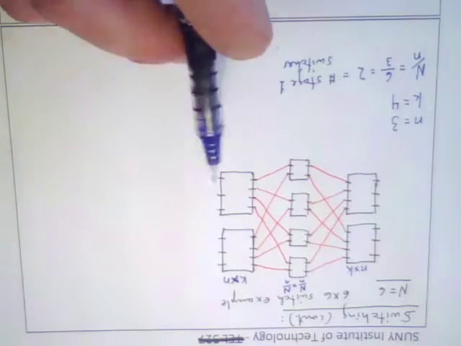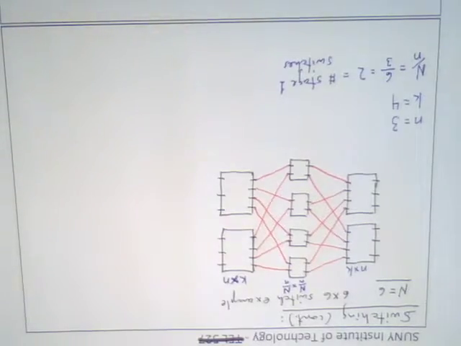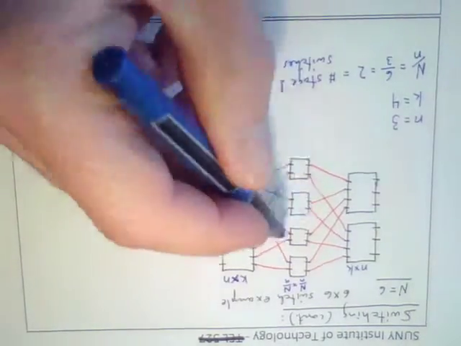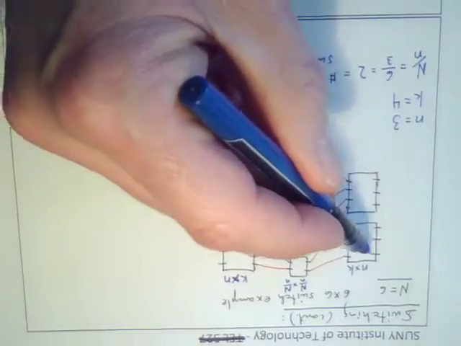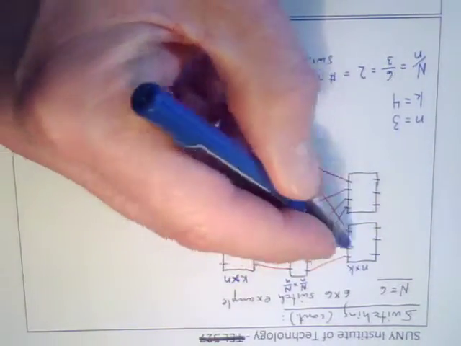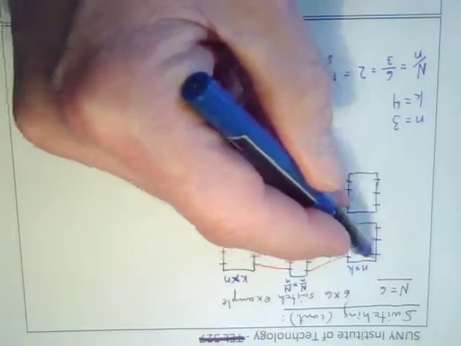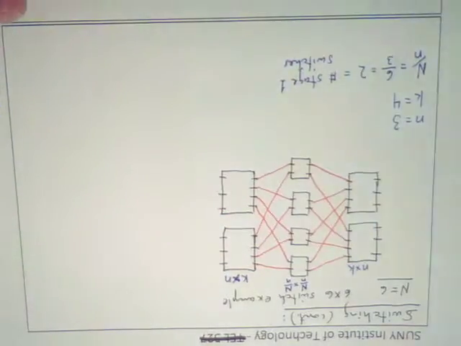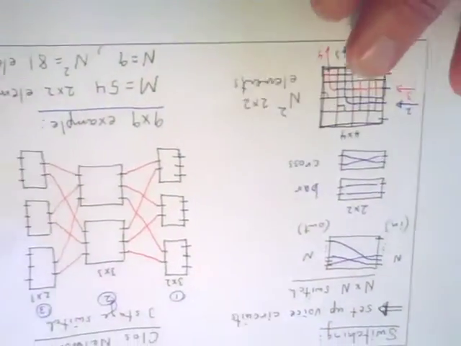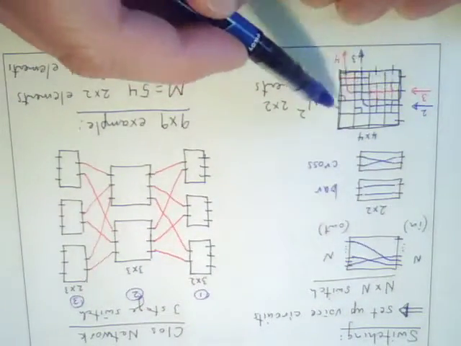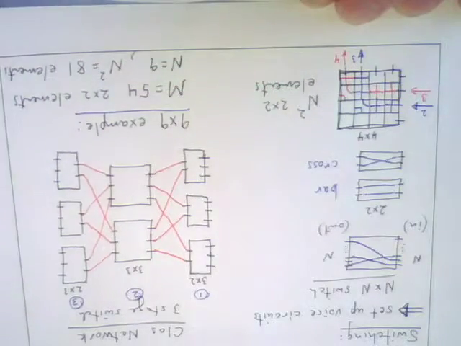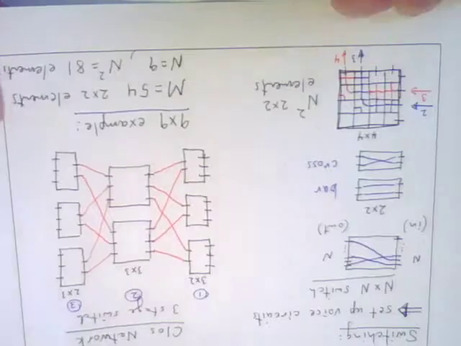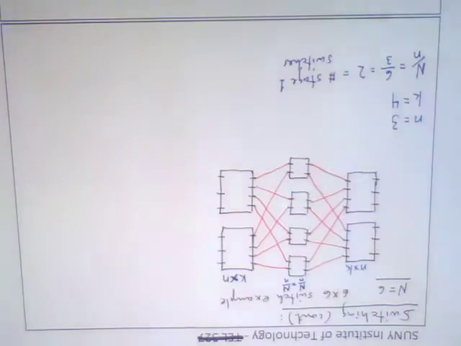Okay, so this is sort of the basic math of these switches. And so the question is, how many 2 by 2 elements are there in here? Remember that each n by k switch has n times k 2 by 2 elements in it. Okay, based on the complete 2 by 2 square configuration, or the n by m square or rectangular configuration that we talked about in the last video.